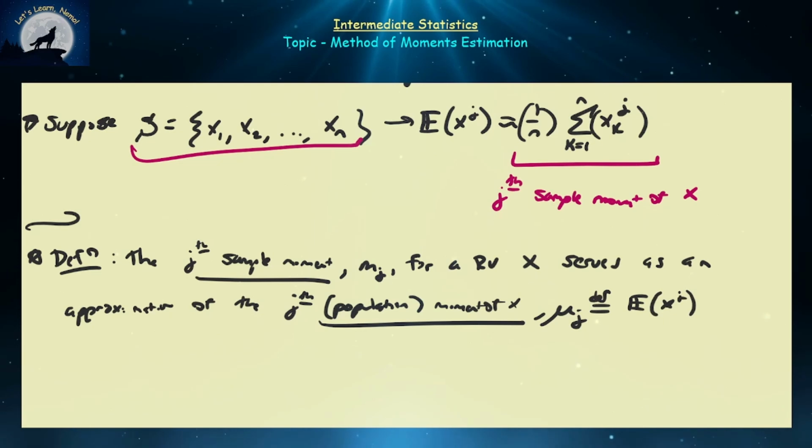Here, this mu_j could either be discrete or continuous. Either one is going to be perfectly okay.